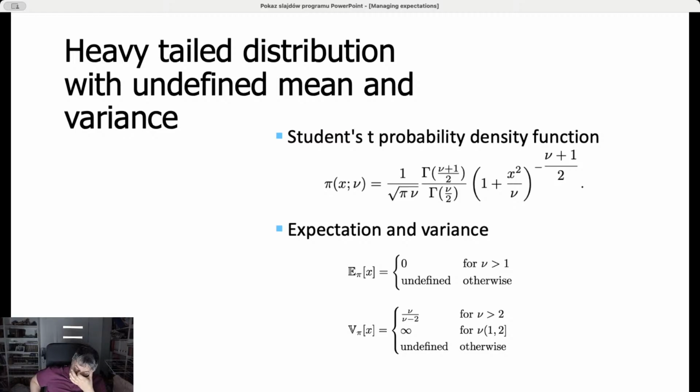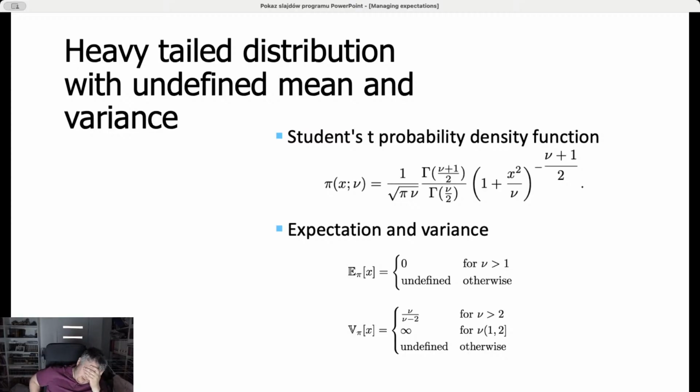This is not something that always happens. What happens in many cases, especially in case of real events, events with large variance, events involving people, events involving faults, we can have so-called heavy-tailed distribution.